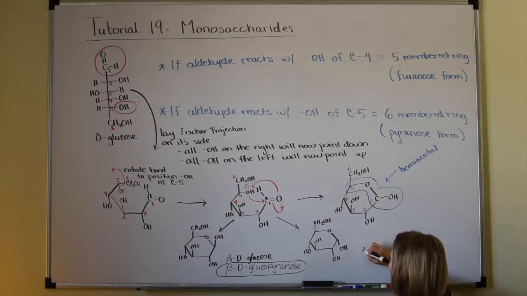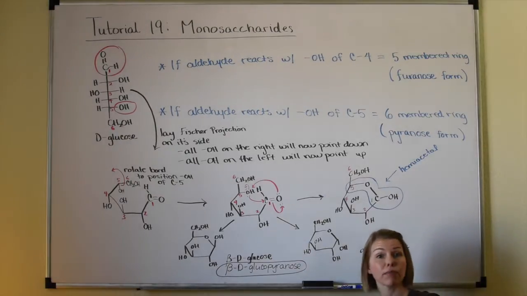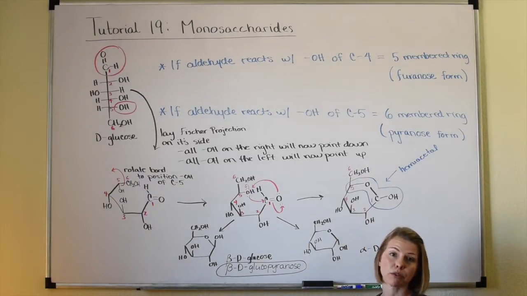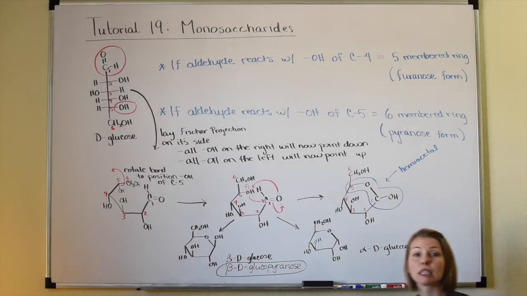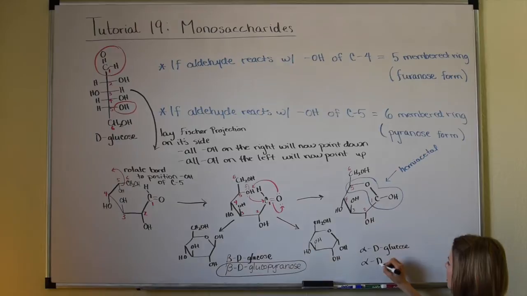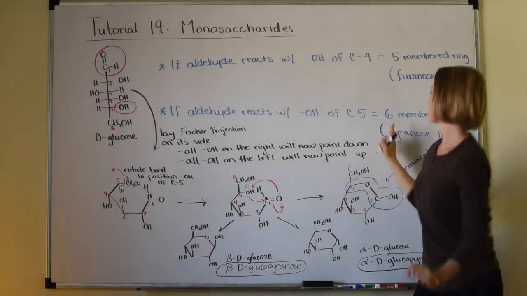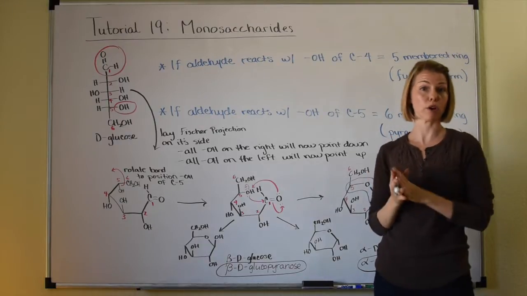And this is the alpha form, alpha D-glucose. Or again, because we know that there is a five-membered ring form and a six-membered ring form, let's be more specific and call this alpha D-glucopyranose. Remember that the six-membered rings are the pyranose forms.